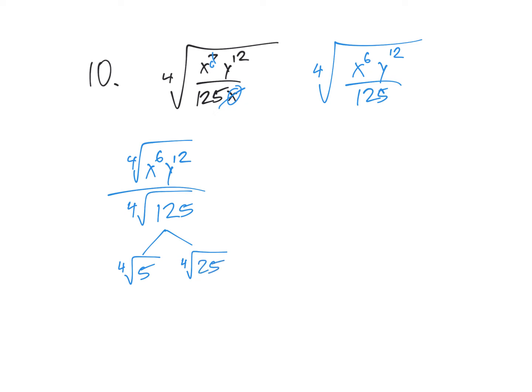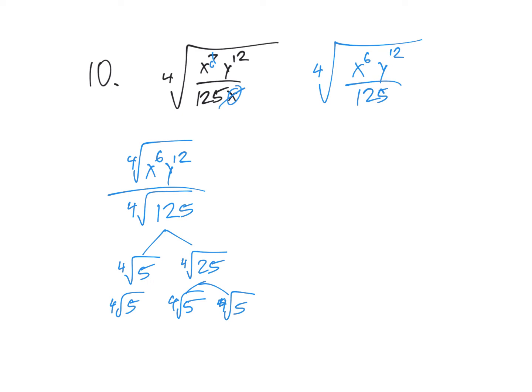Okay, so can we break that down? 4th root of 5 and the 4th root of 5 and 5, right? Do you have 4 of those? No. So does it break down? No. But you have to check these things as you're going through, make sure it's done.